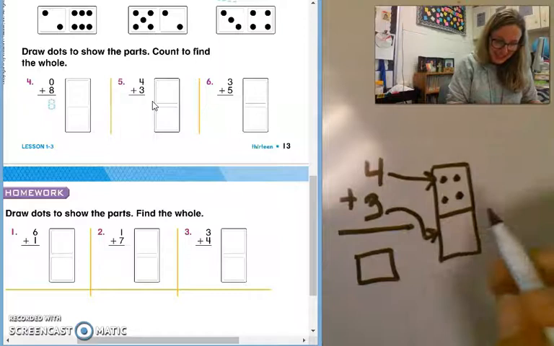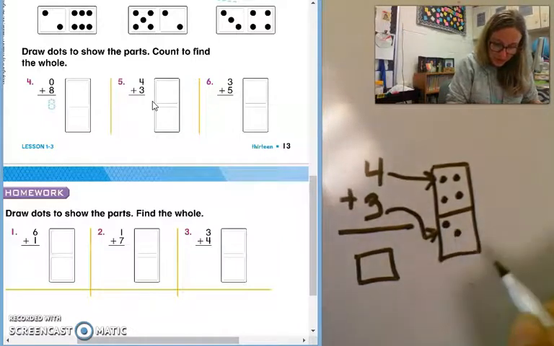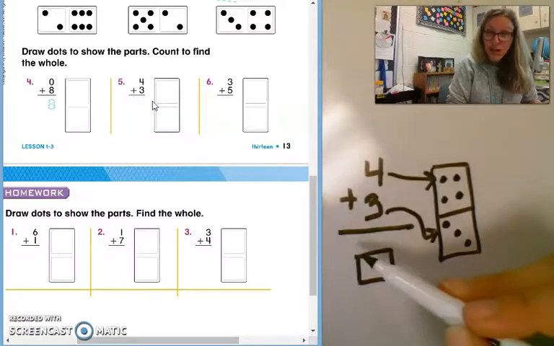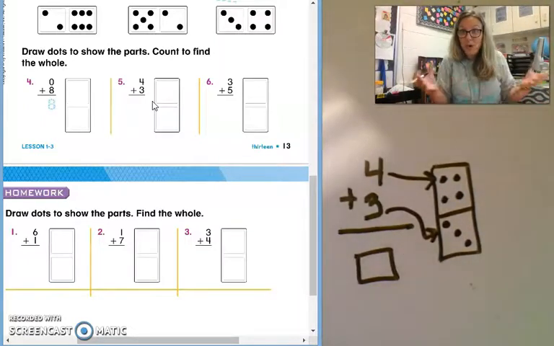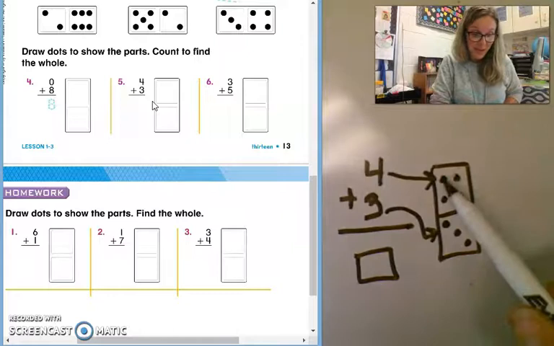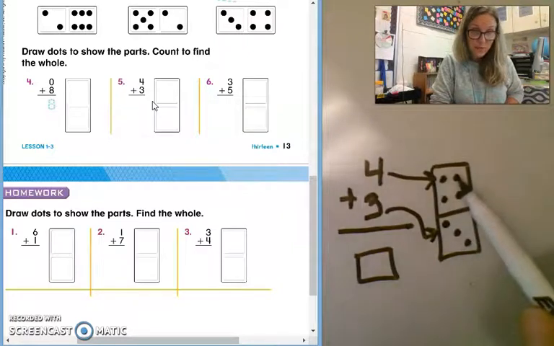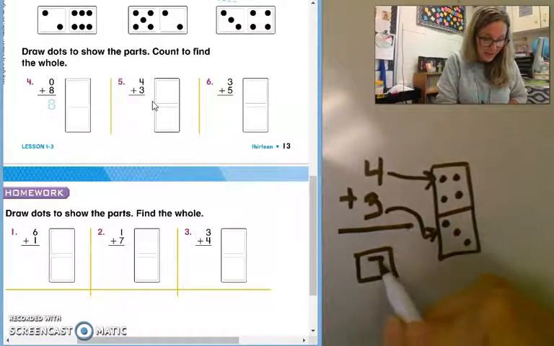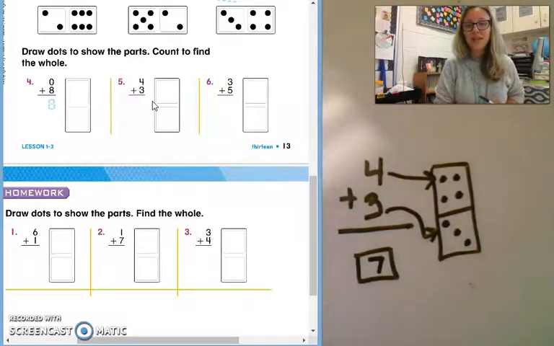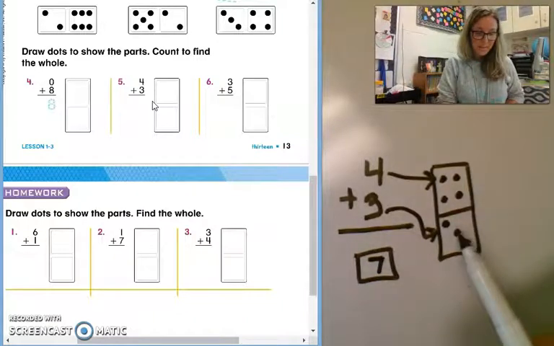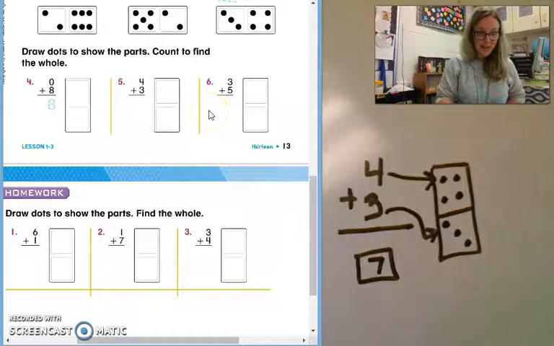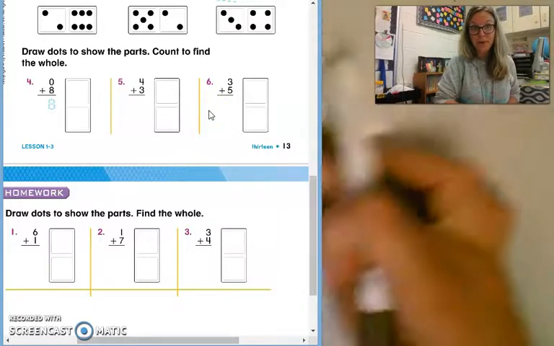And then in the second box, we'll draw 1, 2, 3. Now to get our sum or our total, we will count them up all together to see how many we have. 1, 2, 3, 4, 5, 6, 7. So you can put number 7 for that answer. 4 plus 3 is 7. Part, part, whole.